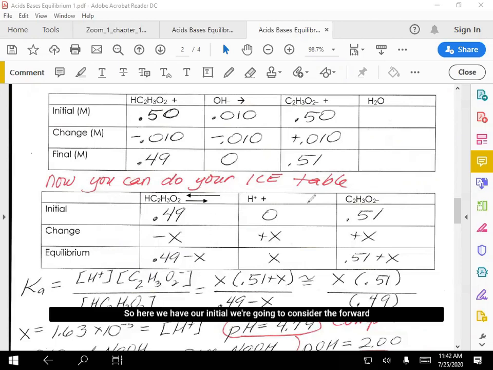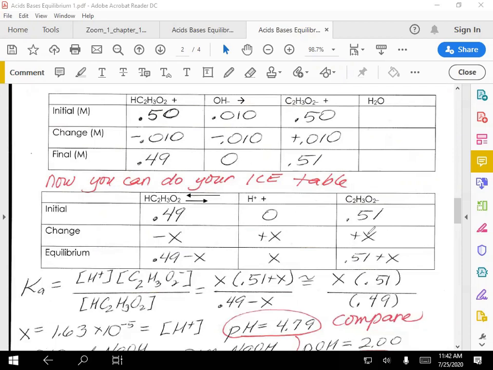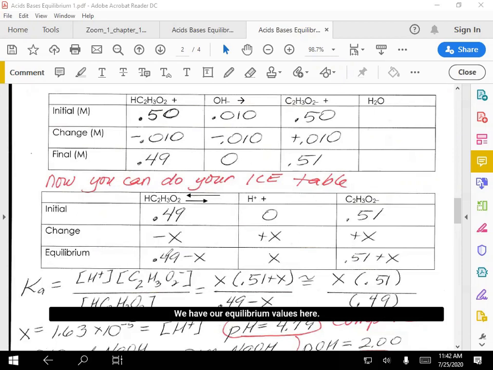So here we have our initial. We're going to consider the forward reaction. So minus x, plus x, plus x. We have our equilibrium values here. And so we put our products over reactants.